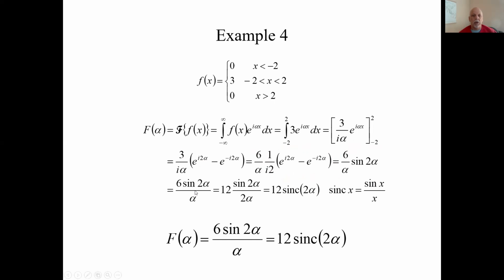If I multiply top and bottom by 2, I'll have 12 over 2 alpha. This part here is the sinc of 2 alpha, and here's what the sinc means. You'll see it frequently because it comes up often in Fourier analysis and frequency analysis. So anyway, that's the Fourier transform.